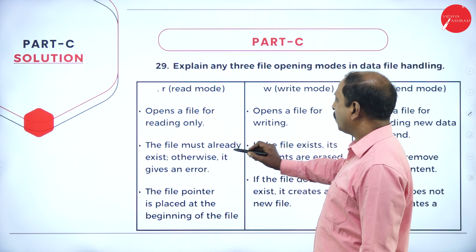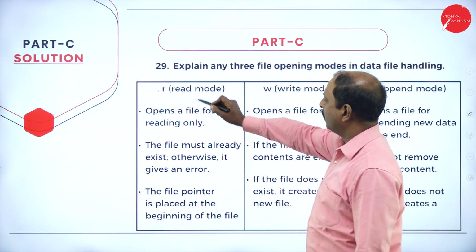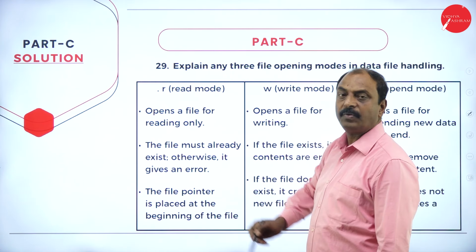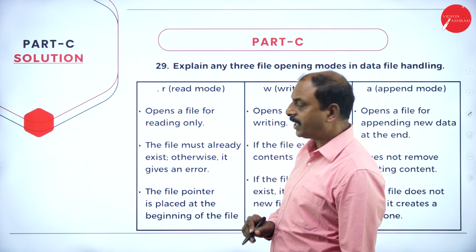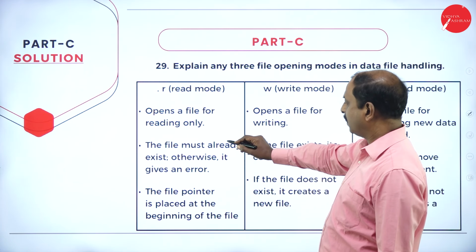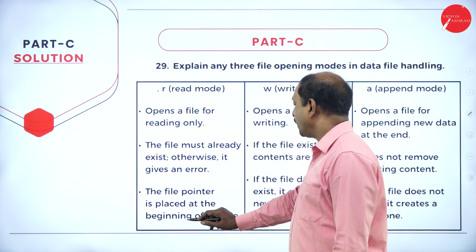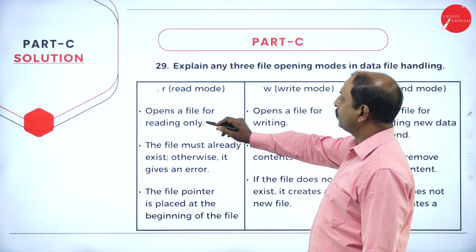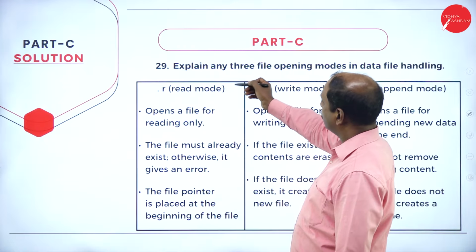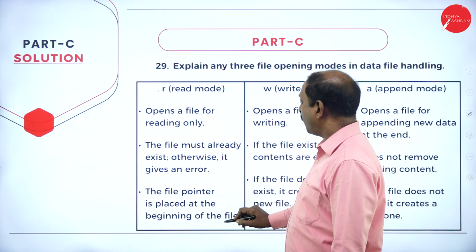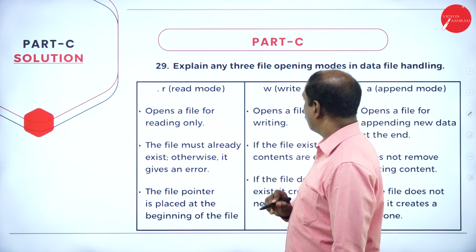The file must exist, otherwise it gives an error, because if you want to read data from a file, the file must be available in the particular directory or path. The file pointer is placed at the beginning of the file. As soon as the interpreter comes across this statement, the pointer is at the beginning of the file. So this is r mode.